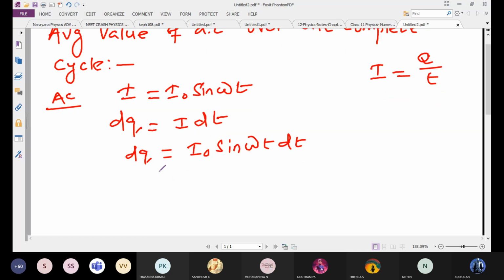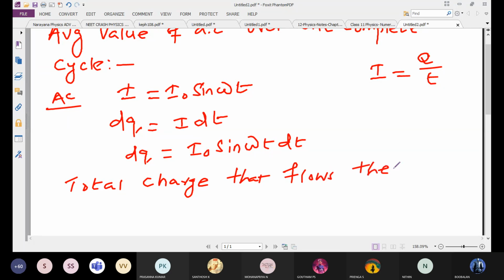So now we want to find the total charge that flows through the circuit.